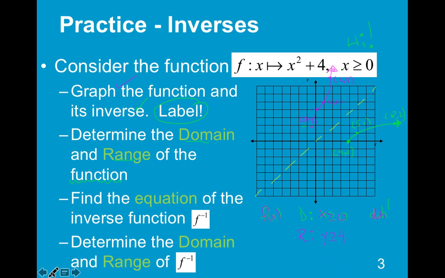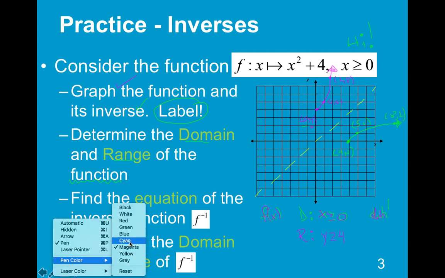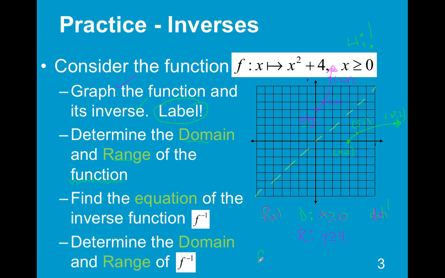What's the number one fun fact about inverses again? Switch x and y, so I don't even need the graph. I don't even need the graph to find the domain and range of the inverse. Domain goes with x, range goes with y.